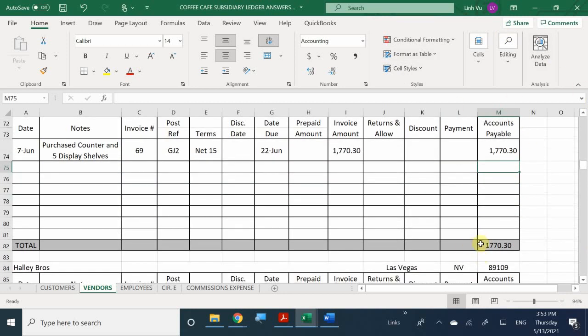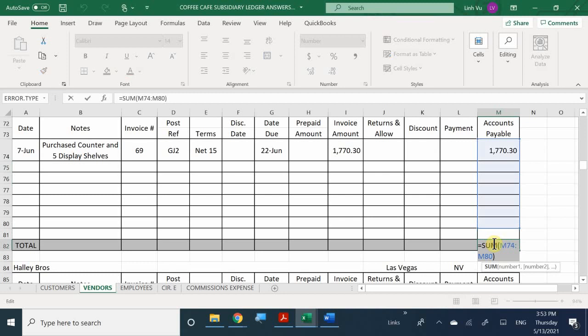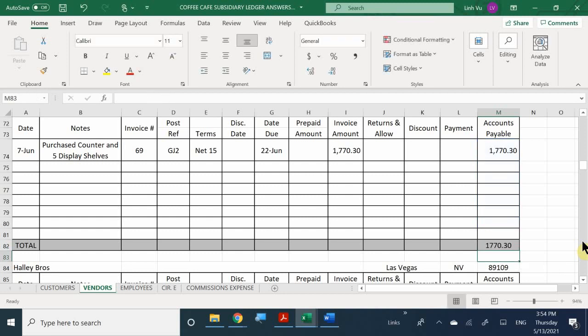Okay, and notice down here below, I left my equal sum here. It's just to let you know what's your overall amount that you owe to this vendor in general, totaling up all of your bills. So in this case, in grand total, I owe this person $17,730 for just right now for that one bill.